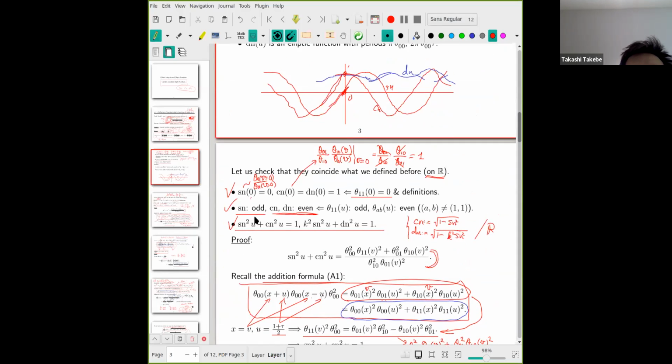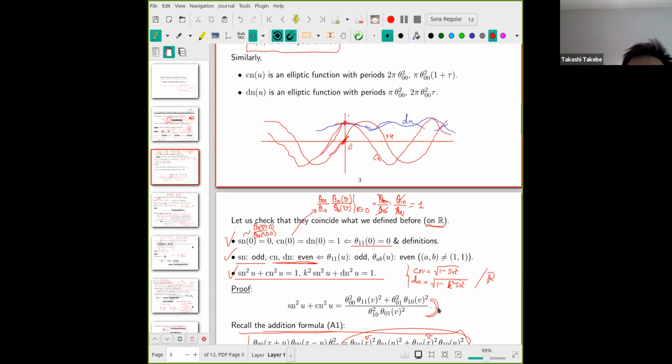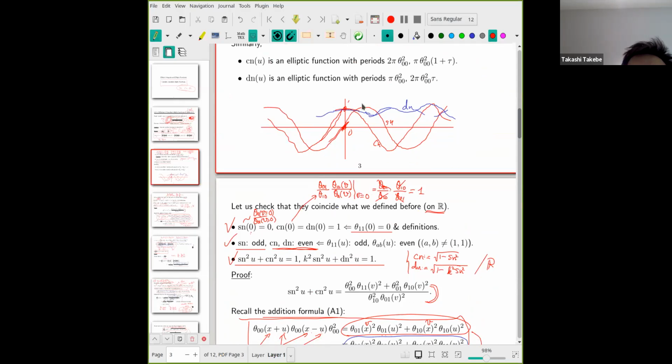And oddness and evenness are also clear. This is odd and other thetas are even. So Sn is an odd function, while Cn and Dn are even.